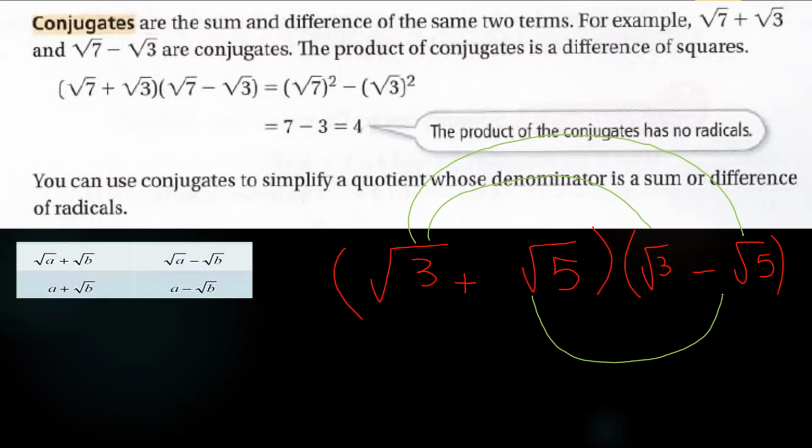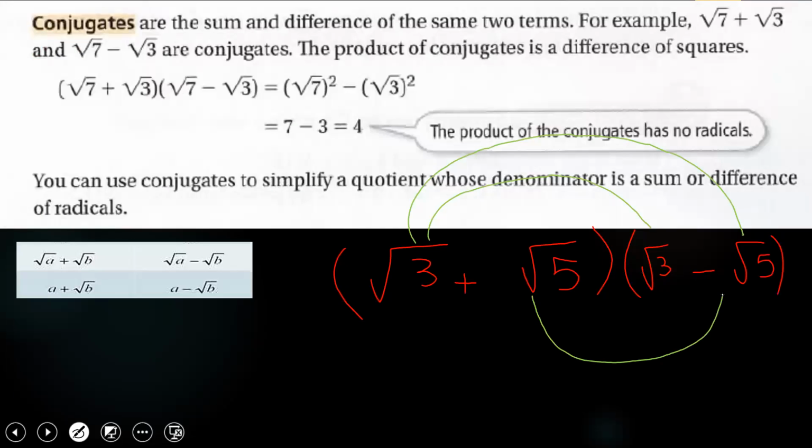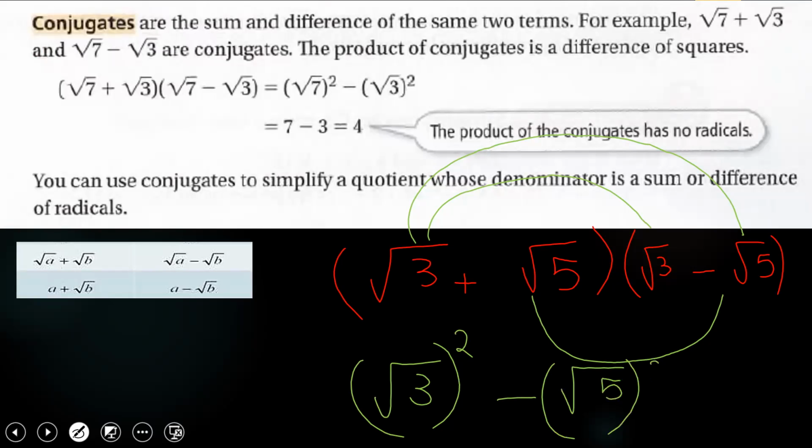The product of them will be square root of 3 squared minus square root of 5 squared. Without this complicated way of multiplication, you only take the first number, square it, minus the second number, squared.